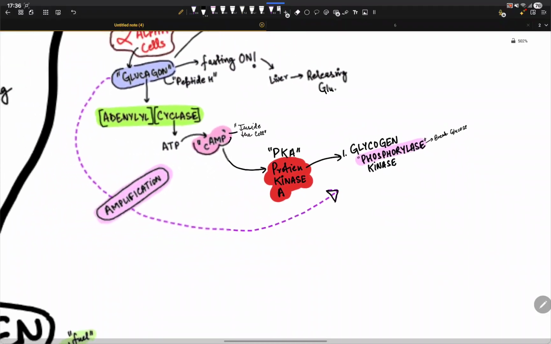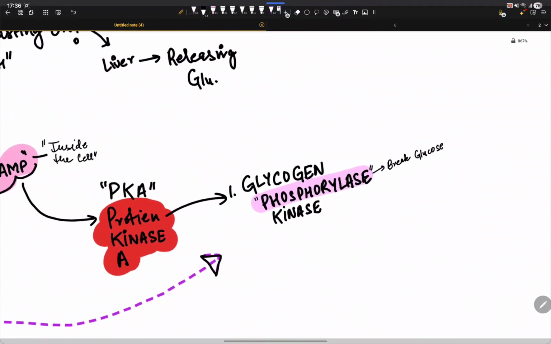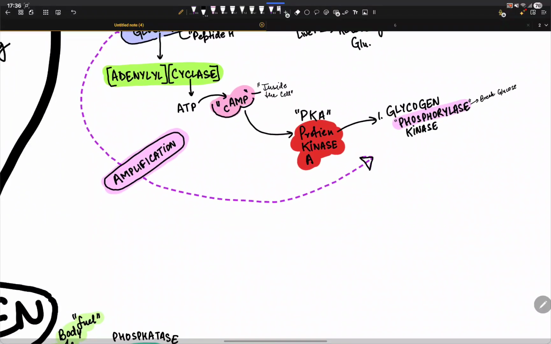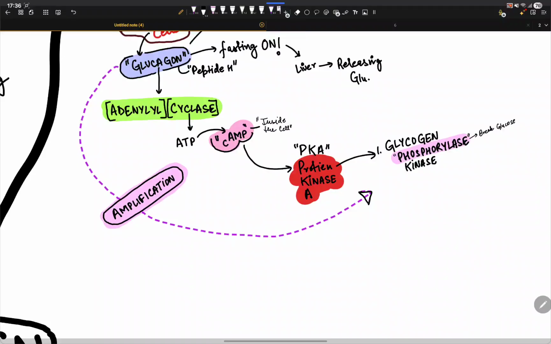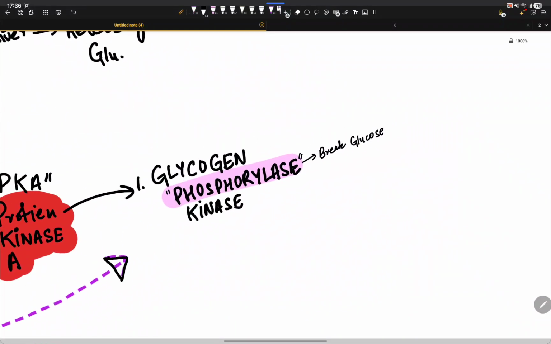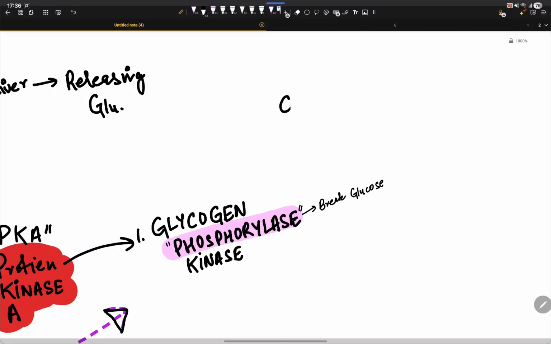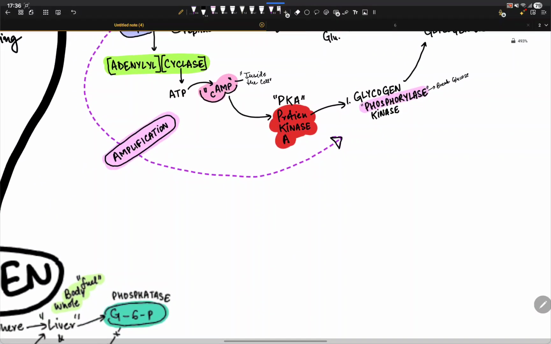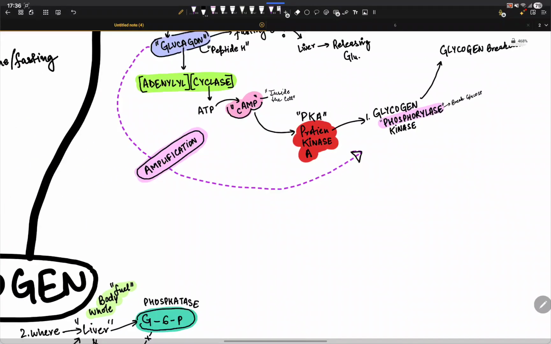We call this whole thing something. What is it called? Kinase cascade. Simple name, because we have a lot of kinases right there. This whole thing, starting from glucagon and ending in glycogen breakdown, we call the kinase cascade.